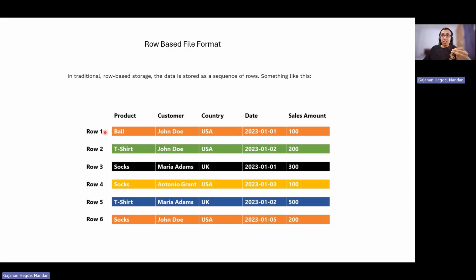Now the data is stored as a sequence of rows. So this is one row. This is one transaction that I had wherein John Doe from USA bought a ball product with the sales amount 100 on 1st of January 2023. So every transaction or the data is stored as a sequence of rows.